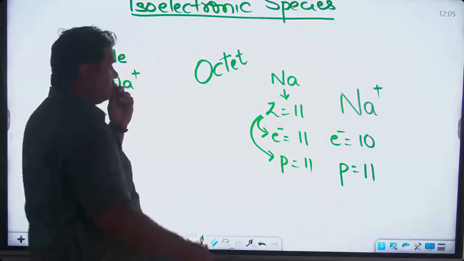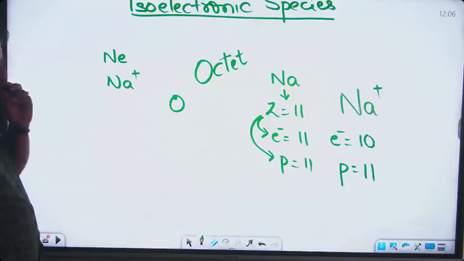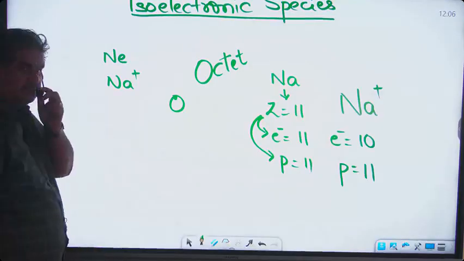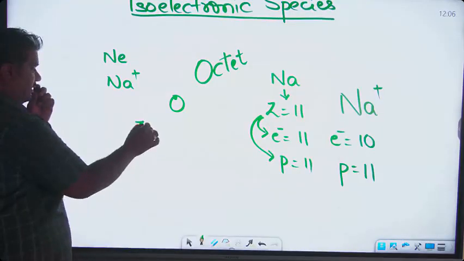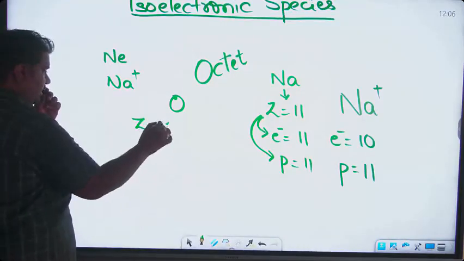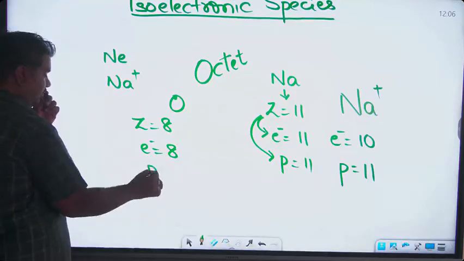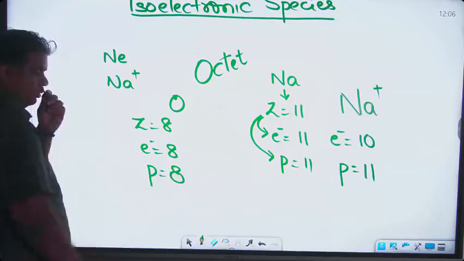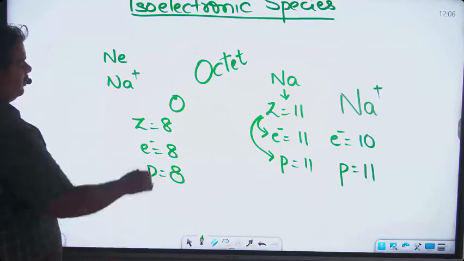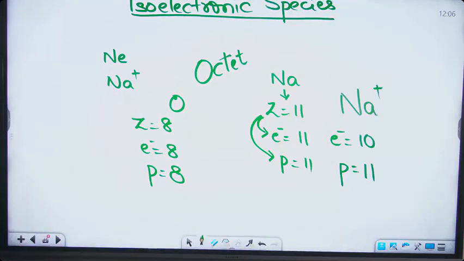Now suppose you take oxygen. In the case of oxygen the atomic number is 8, Z equal to 8, which means electrons are equal to 8, and protons are also 8. Oxygen requires 2 more electrons for stability.